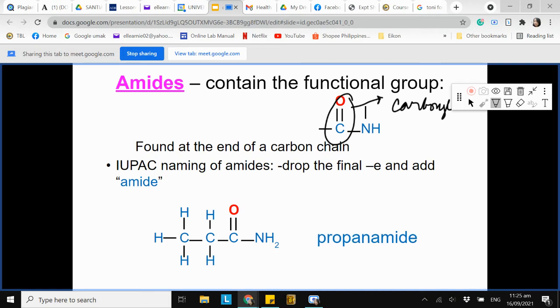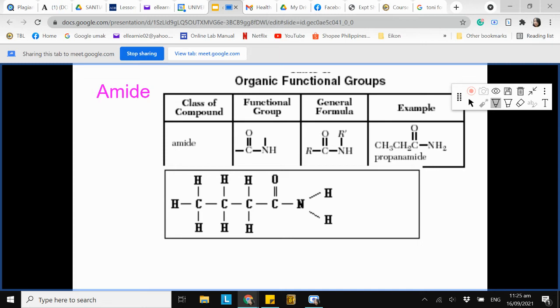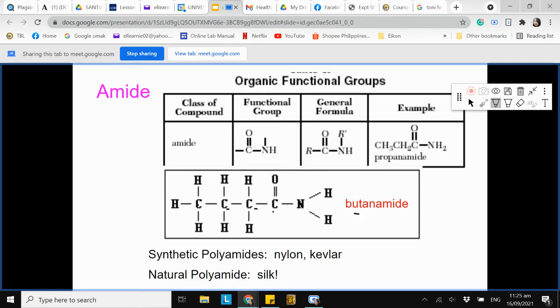And here you have three carbons, 1, 2, 3, and then the carbonyl and the amide. So this is propanamide. Okay? So the IUPAC formula name is alkanamide. Here's the formula. And here are 4 carbons, making it butanamide.